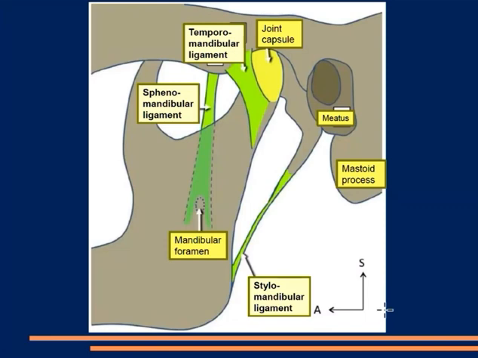Here are two of the secondary ligaments. The other ones, the retinacular and the pterygomandibular, are found on the inner surface, the medial surface.